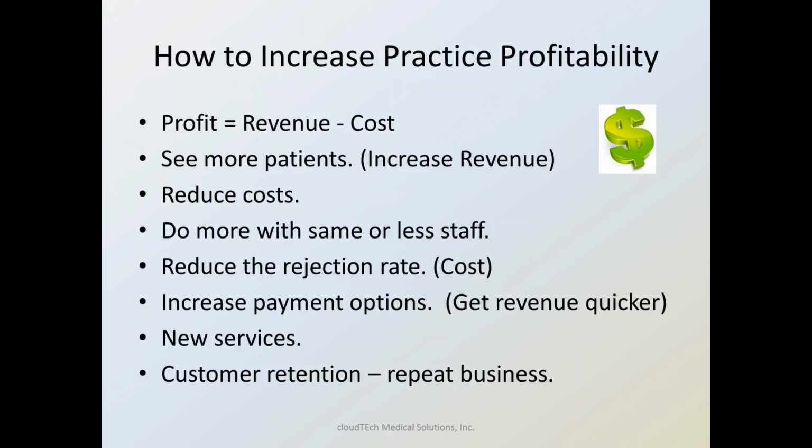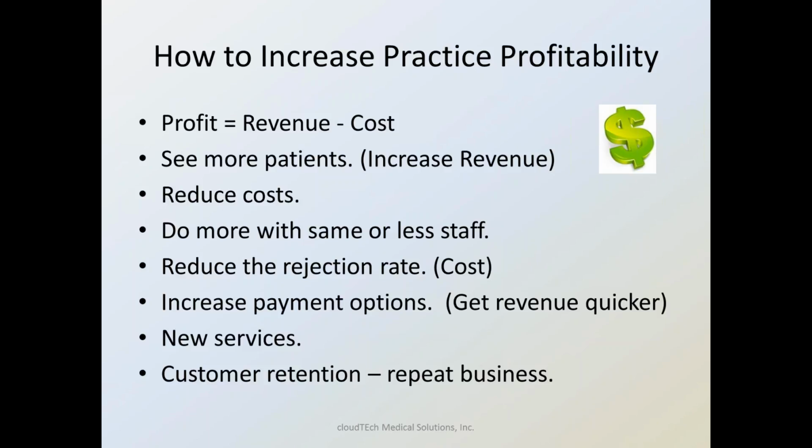And we talk about this because in order to increase the profitability of a practice, profit is determined as the amount of revenue, or the money that the practice brings in, minus the cost. So to see more patients will definitely increase revenue. But to increase that revenue with more patients, you have to be able to efficiently handle those patients with the same or less staff.